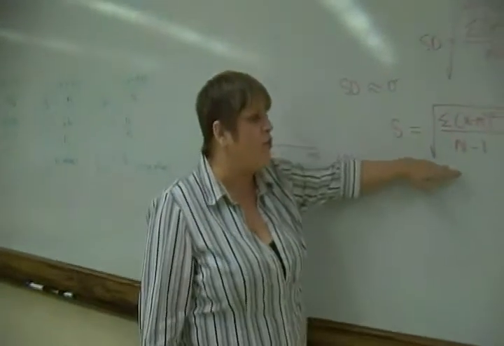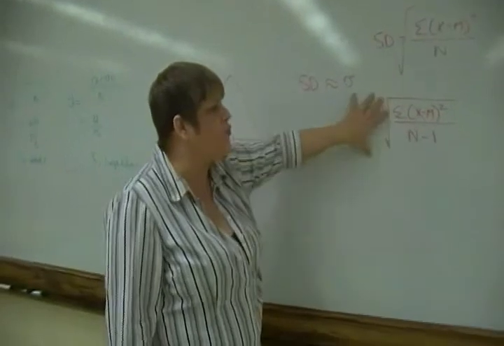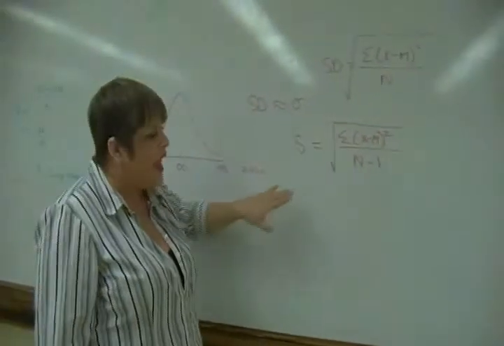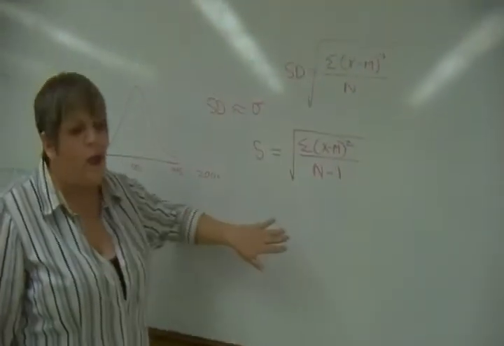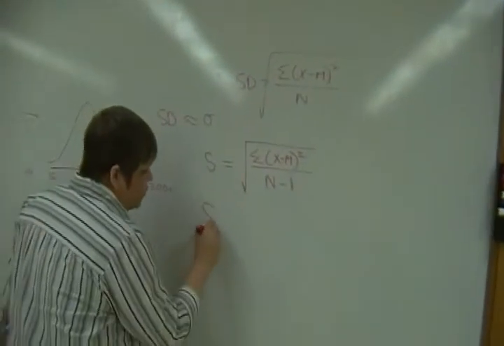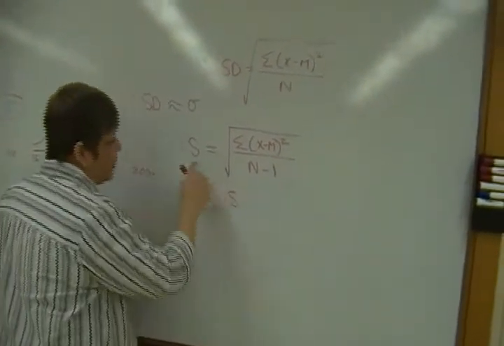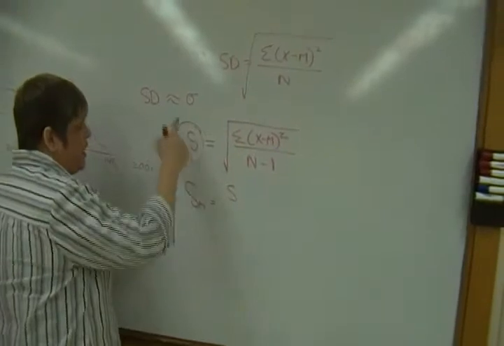However, we're not done here because this is still for a population of individuals, and I'm comparing a mean to a population of means. So I still need to make this the standard error of the mean, and I would do it the same way by taking this S value here, which was our unbiased estimate of sigma.